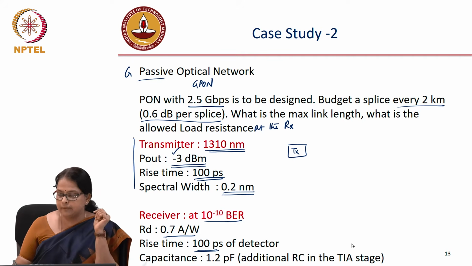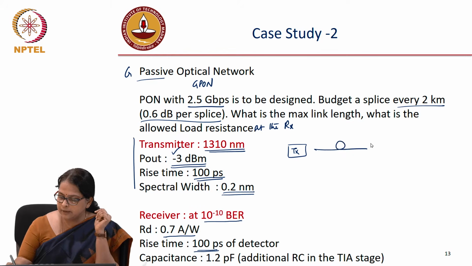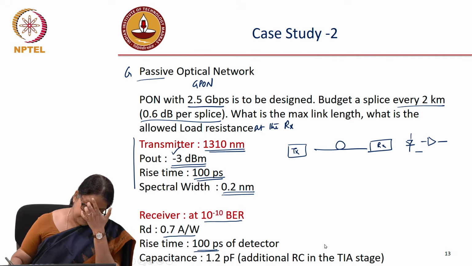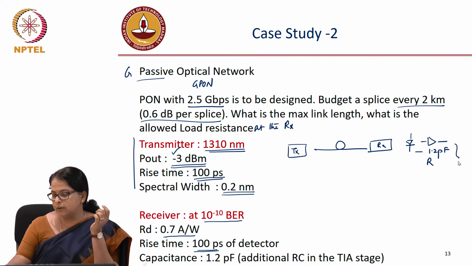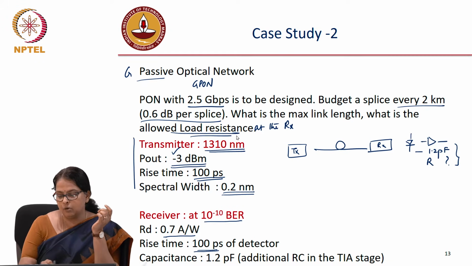So you have transmitter, fiber, and the receiver, which has a photodetector followed by a transimpedance amplifier. This transimpedance amplifier stage has a capacitance of 1.2 picofarad and there is a resistance. So you want to find out the allowed load resistance.